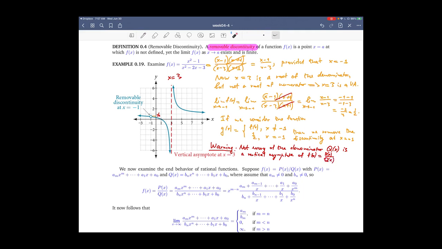In this example on the left, the denominator has two zeros, 3 and -1. 3 is a vertical asymptote, but -1 is not.